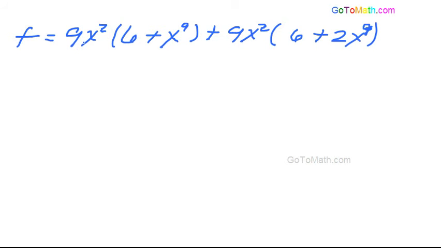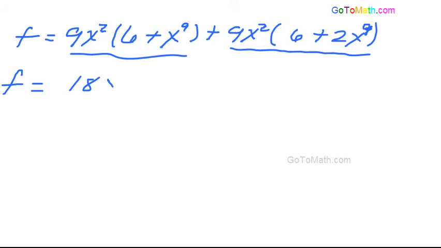We could distribute this across and then distribute the 9x squared across here, but that's kind of crazy because we can rewrite all of this. Look here, this term is exactly the same. These are both equal, and if both these terms are equal, what you could do is just add their coefficients. So we could rewrite this as 18x squared times 6 plus x to the 9th.